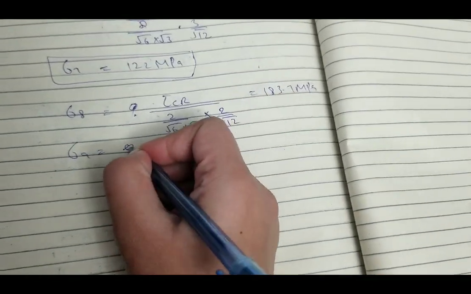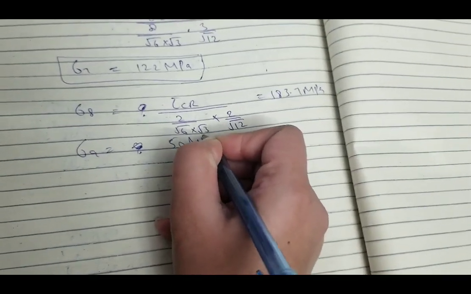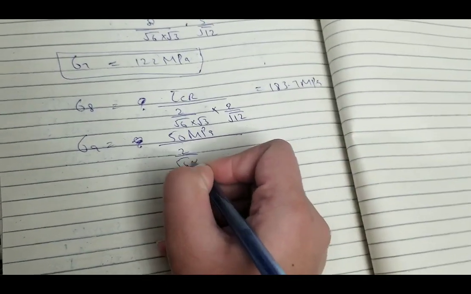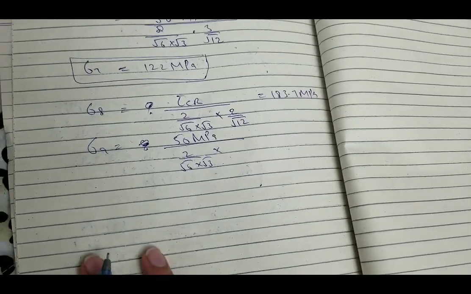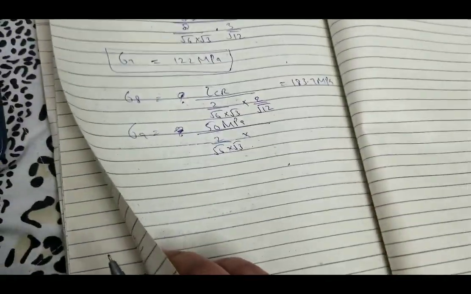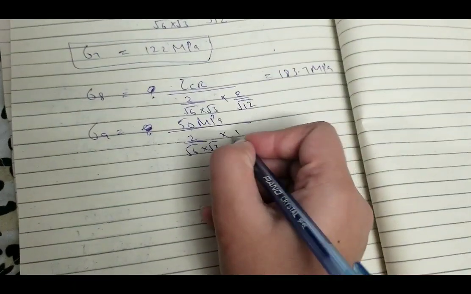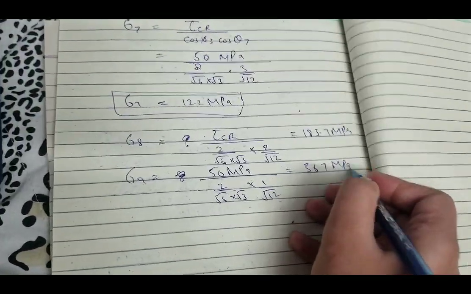Similarly for sigma 9, 50 megapascal divided by 2 by under root 6 into under root 3, multiplied by cos theta 9, which is 1 over under root 12, and it will give us 367 megapascal.